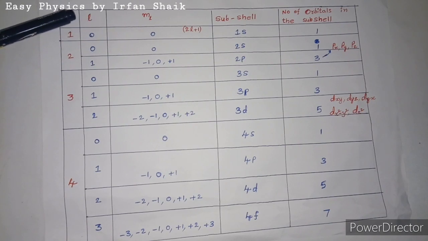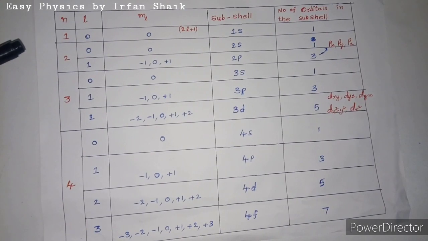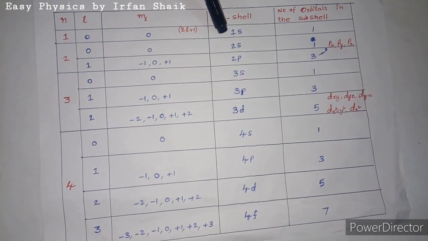We have discussed in the angular momentum quantum number that if l is equal to 0, it indicates an s orbital. This s orbital is present in the first shell, that is the K shell. That's why this subshell is called the 1s orbital.